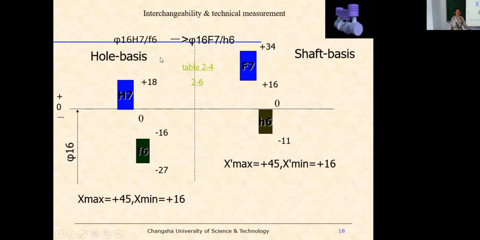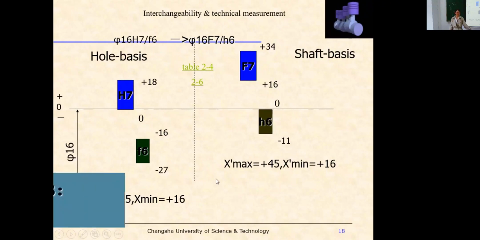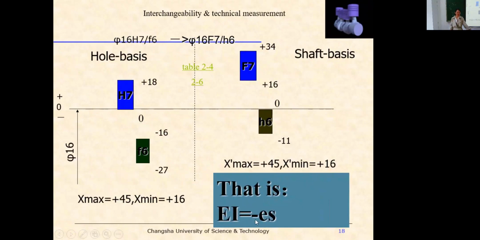That means that when you design H7 for the hole and F6 for the shaft, or F7 for the hole and H6 for the shaft, the fit function is the same. That is, EI equals minus ES.